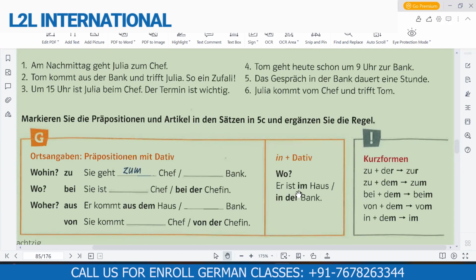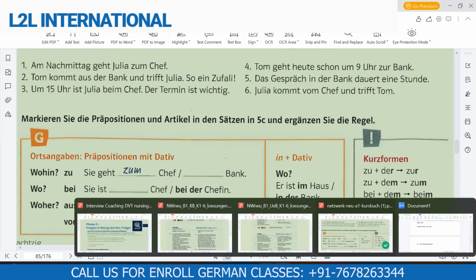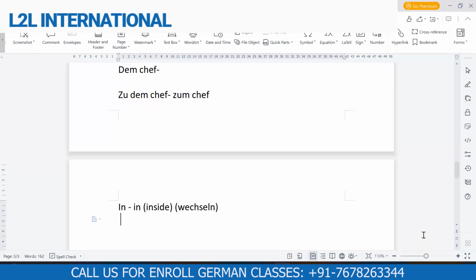Is he moving or is he not moving? Is there movement or not? No, ma'am. He is in the house. No movement, right? So "in" is a Wechsel preposition, which means it sometimes takes accusative and sometimes doesn't.